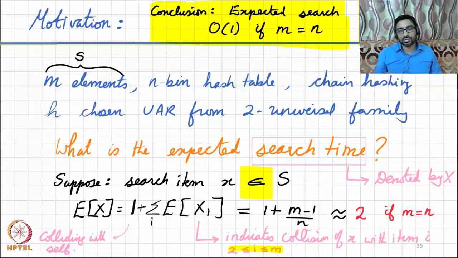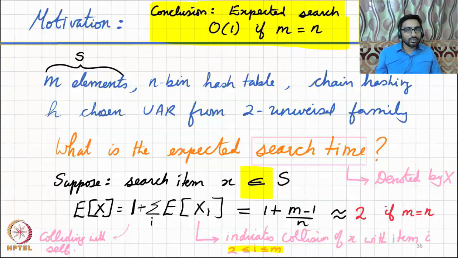But this doesn't really affect us much, because when we apply the same way of evaluating E of Xi's, we get 1 plus (m minus 1) over n, which is approximately 2 when m equals n. The important conclusion from this exercise is that the expected search time is only O of 1, constant, when m equals n.